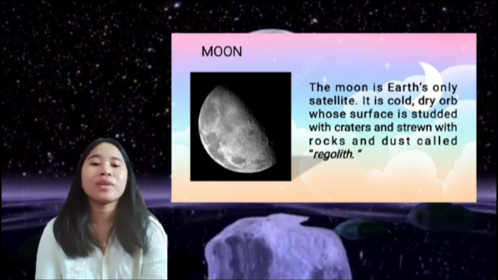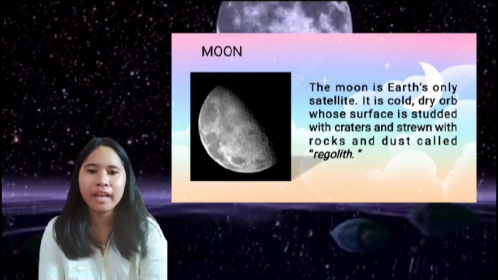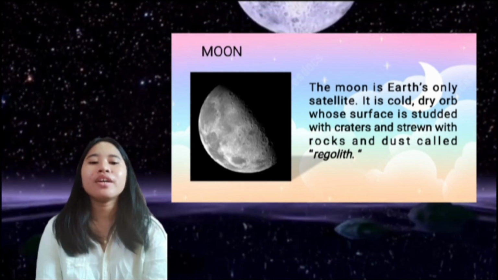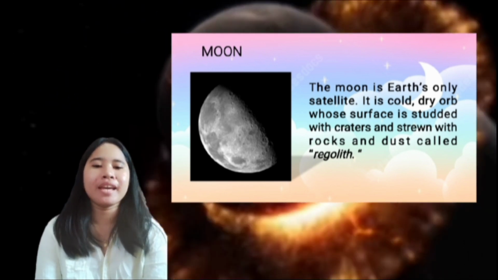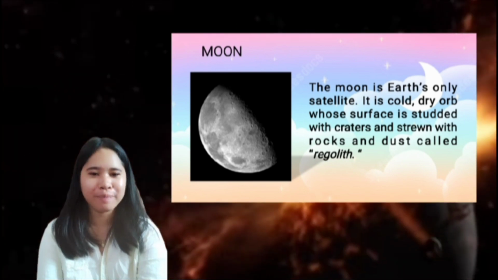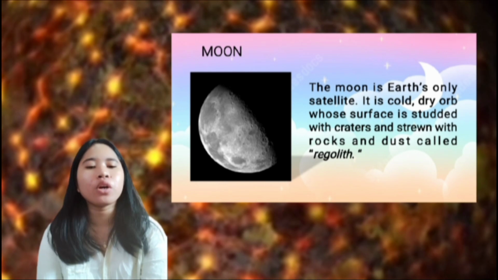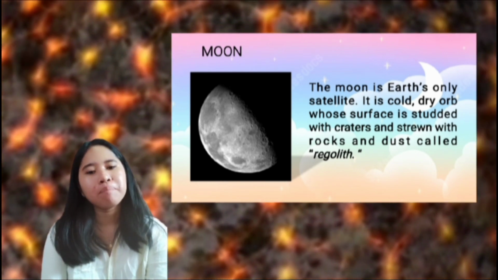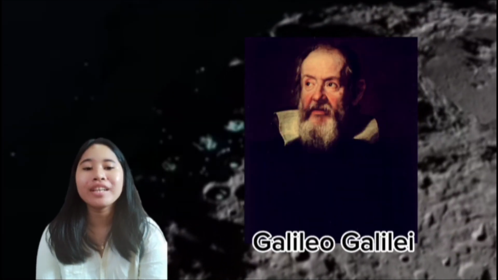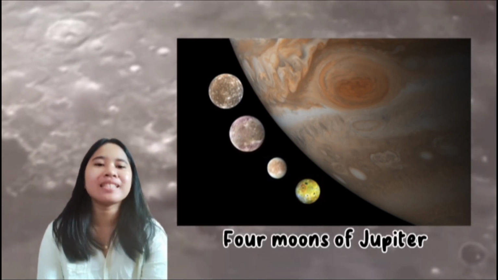The moon was likely formed after a Mars-sized body collided with Earth several billion years ago. Earth's moon is the only place beyond Earth where humans have set foot so far. Earth's only natural satellite is simply called the moon because people didn't know other moons existed until Galileo Galilei discovered 4 moons orbiting Jupiter in 1610.